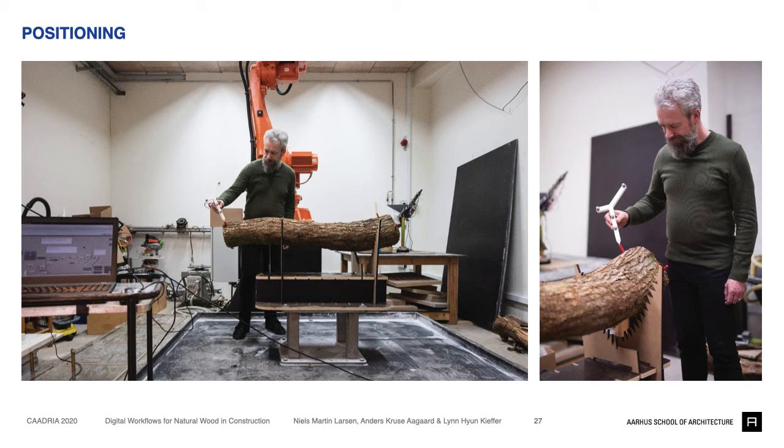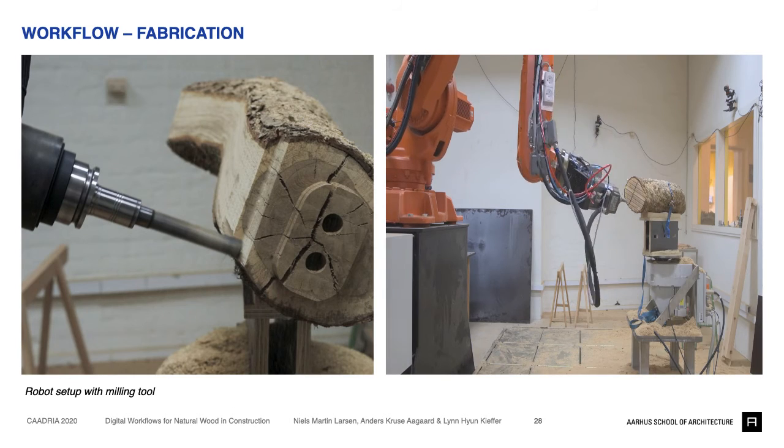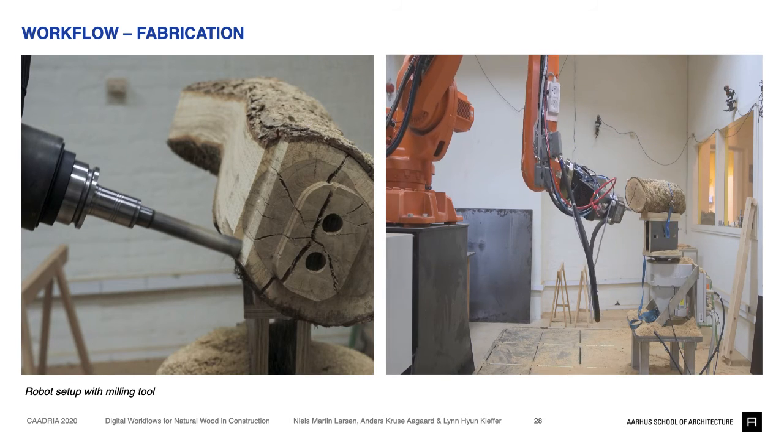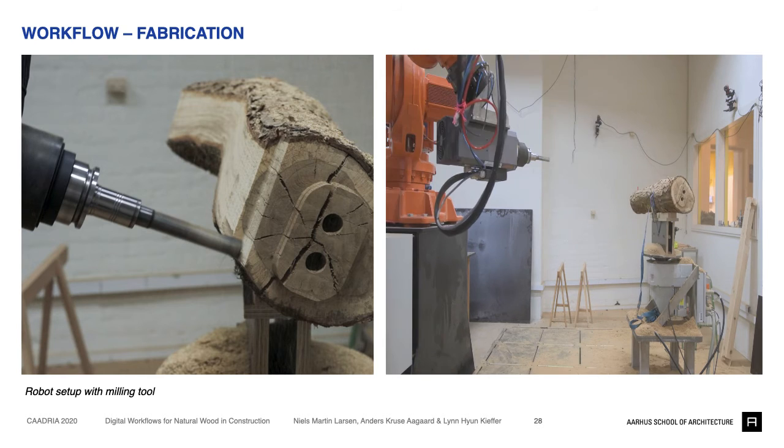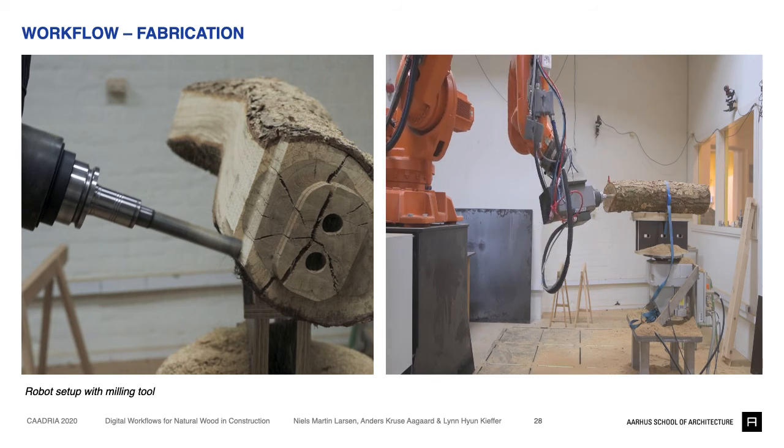For positioning the log in the robot cell, we use the red dowels and OptiTrack motion capture. We've been testing different types of robotic machining, but in this setup, the robot is equipped with a spindle for milling.